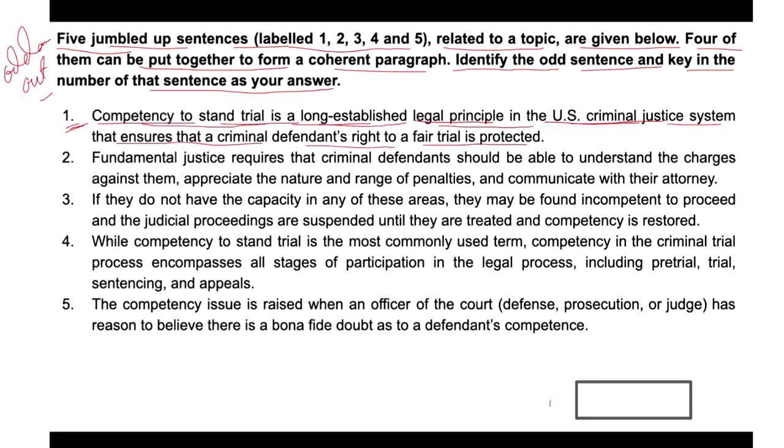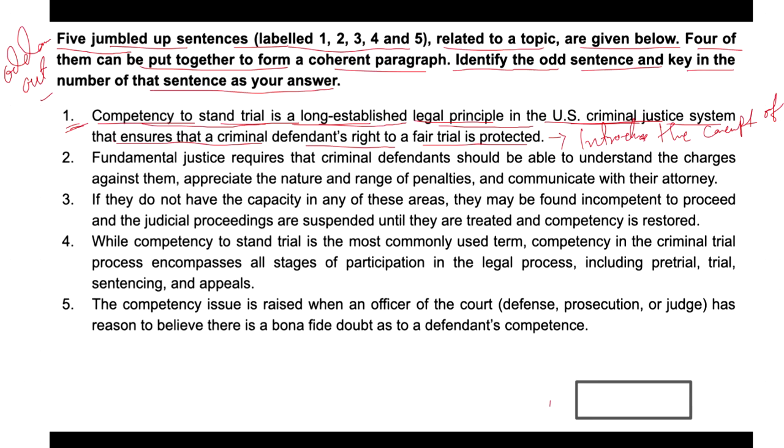Now, in that case, we can say it introduces the concept of competency to stand trial, isn't it? Now, look at the second sentence.